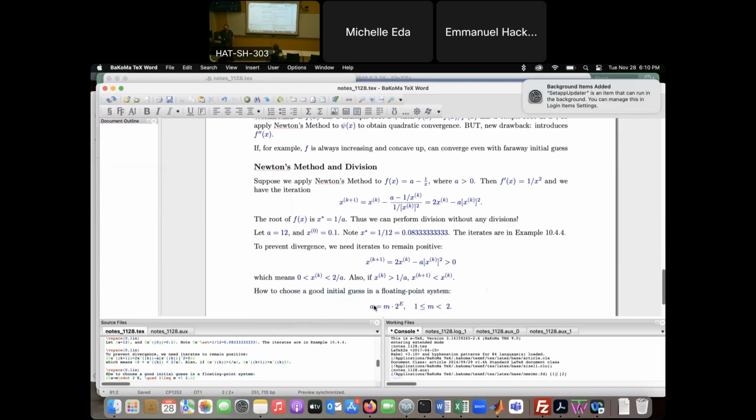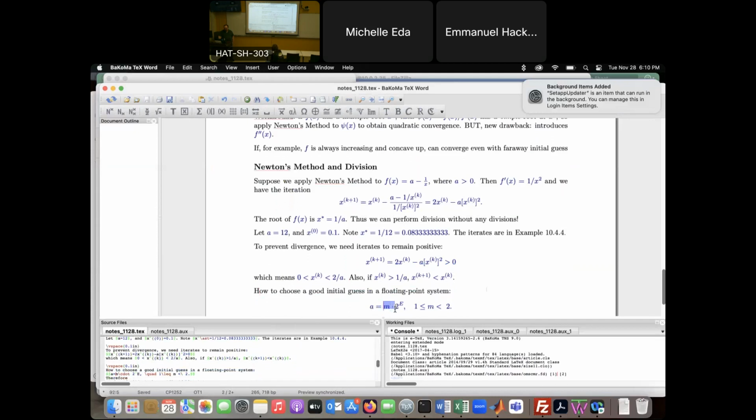And then I realized why he was actually right. Well, not necessarily because it's the best method, but I am now convinced that it is a viable method. Because you do know something about the solution, because you're working with a floating point system. So let's suppose your number a, which you have full knowledge of, is this mantissa times your base 2 to your exponent. So all of this is known. And your mantissa, if you're assuming normalized floating point numbers, is greater or equal to 1 and less than 2, but you're in binary.